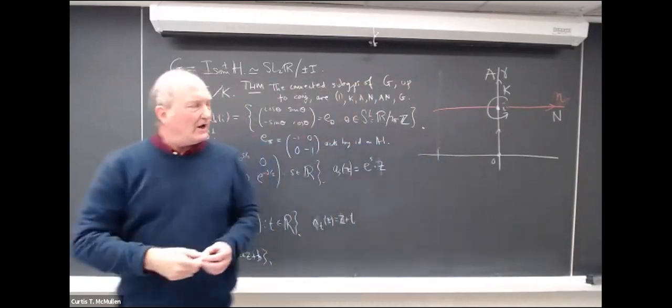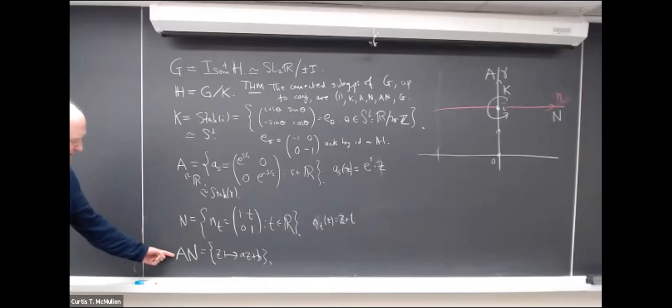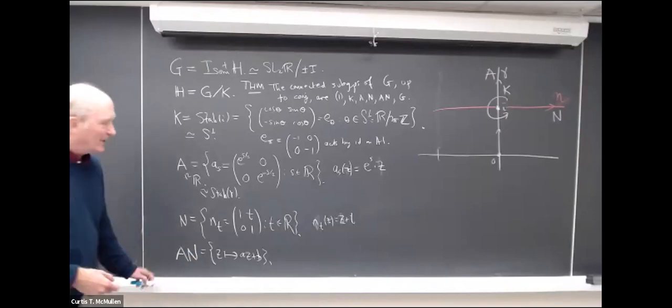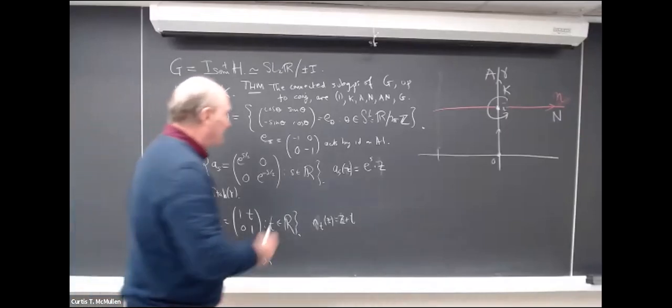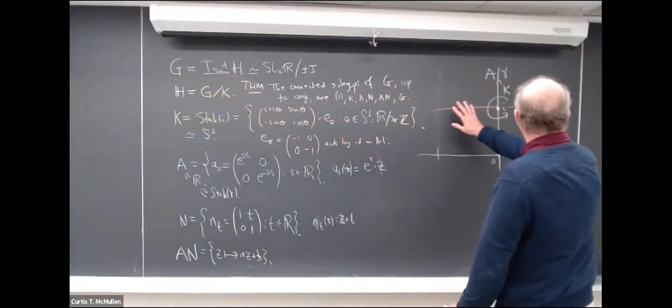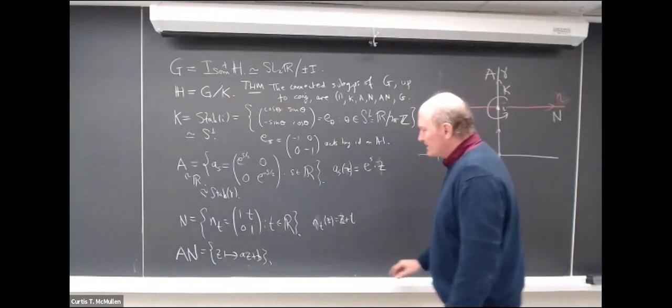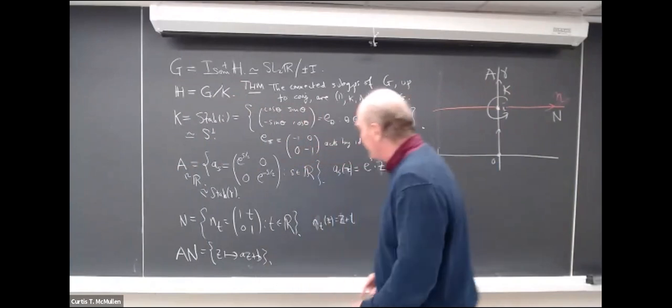Okay, so what is the geometric object that's stabilized by AN? AN doesn't fix any point in the upper half plane. Well, even N doesn't do that. But what it does do is fix the point at infinity.